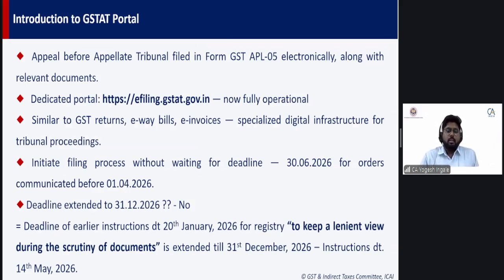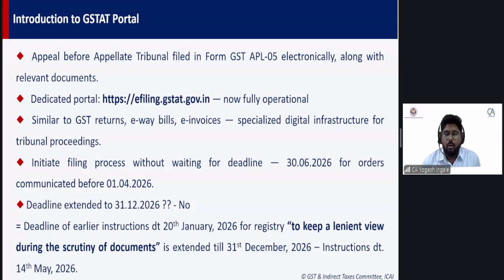Now, similar to GST returns, e-way bills, and e-invoice portals, a specialized digital infrastructure for tribunal proceedings will be there. You can access this portal at efiling.gstat.gov.in. This is now operational.